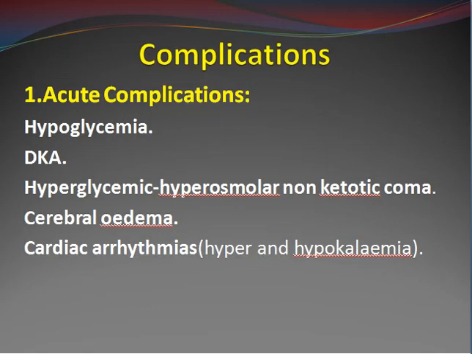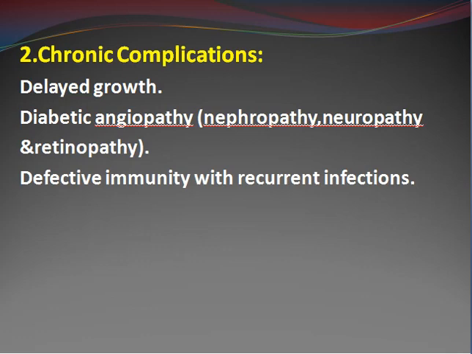Complications. First, we have acute complications like hypoglycemia, DKA, hyperglycemic hyperosmolar non-ketotic coma, cerebral edema, and cardiac arrhythmia as a result of electrolyte disturbance like hyper and hypokalemia. Second, chronic complications like delayed growth, diabetic angiopathy, nephropathy, neuropathy, and retinopathy, and defective immunity with recurrent infection.